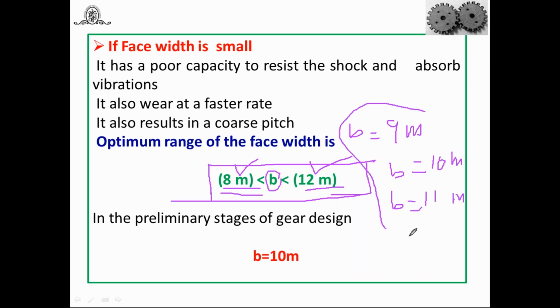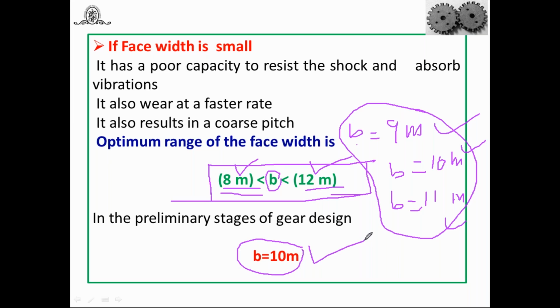That means you have three options, maybe 9 m, maybe 10 m, maybe 11 m, and m means module, as you know very well. But in the preliminary stages of gear design, if the face width is not given and you would like to design a spur gear, at that time you can assume face width is equal to 10 m.